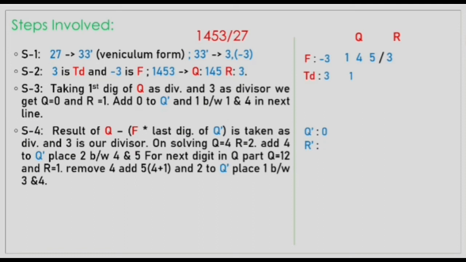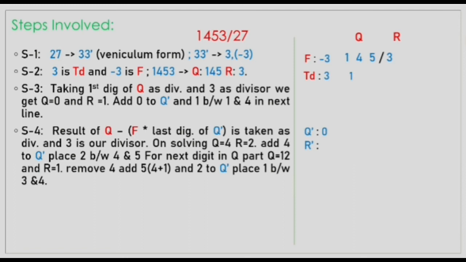So let's look at this solving process. Flag is -3, q dash is 0, so the product is 0, and subtracting 0 from 14 will give us 14 itself. As the digit in the next line is not 0 and as it's 1, we'll be taking this 1 and its right diagonal digit as a single number itself.